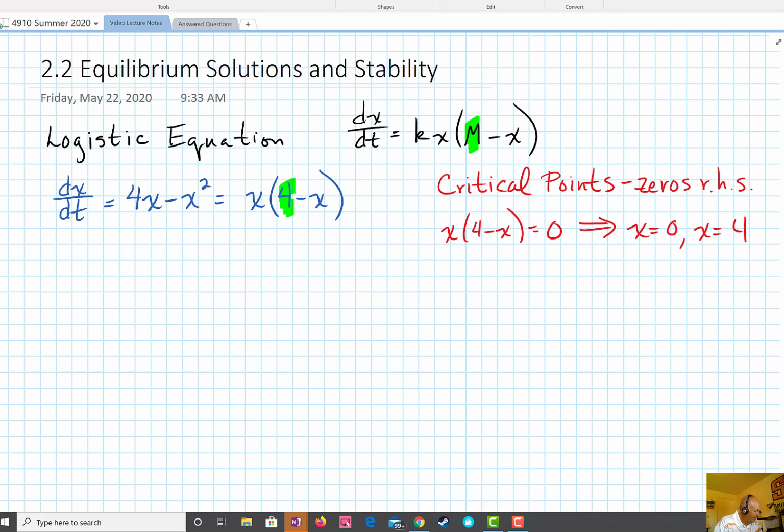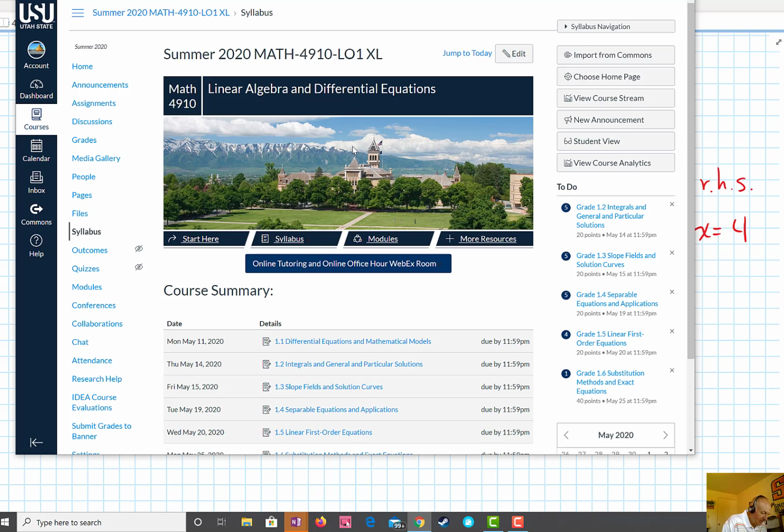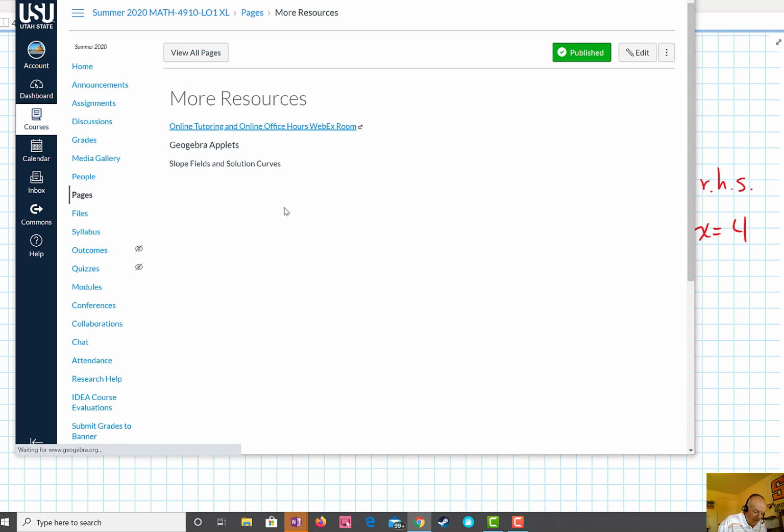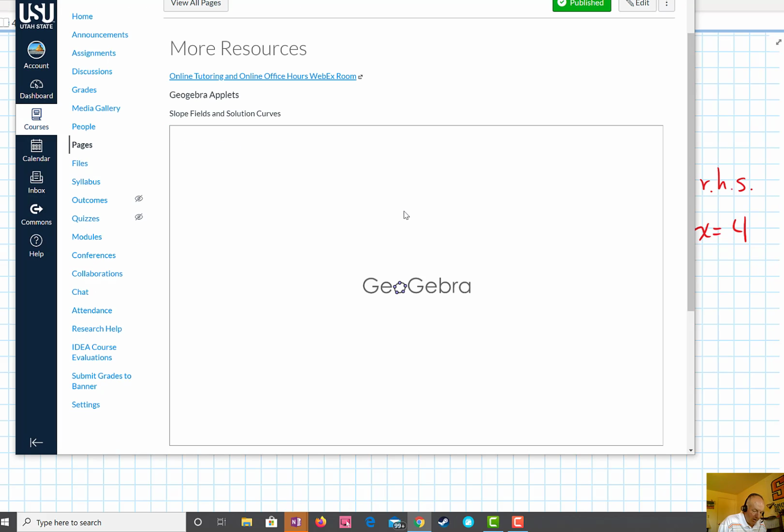But what really becomes interesting is when we start looking at the slope curve, the slope graph of this. So I've added this to our Canvas page. If you go to Canvas and go to more resources, this is still a work in progress, so it still needs some improving, but you might find it helpful.